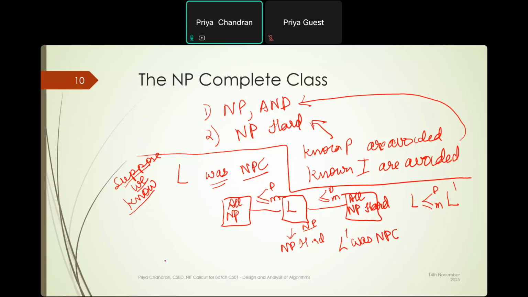It would also mean that L dash is polynomial time reducible to L. The reason being that all NP problems are polynomial time reducible to something in NP hard. So as both of them are NP and NP hard, both of them are polynomially reducible to each other. That is a common property shared by the NP complete class. That is why it is also called complete.